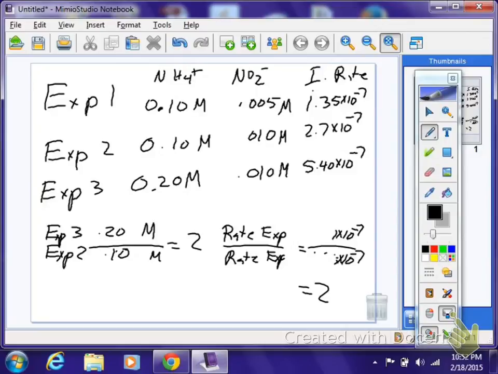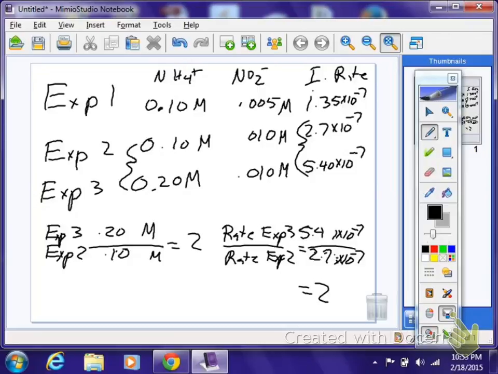It's 0.1 to 0.2. If we look at the rate, we put in 5.4 for experiment 3 and 2.7 for experiment 2. And again, we come out with 2. So again, that would be considered an order of 1.